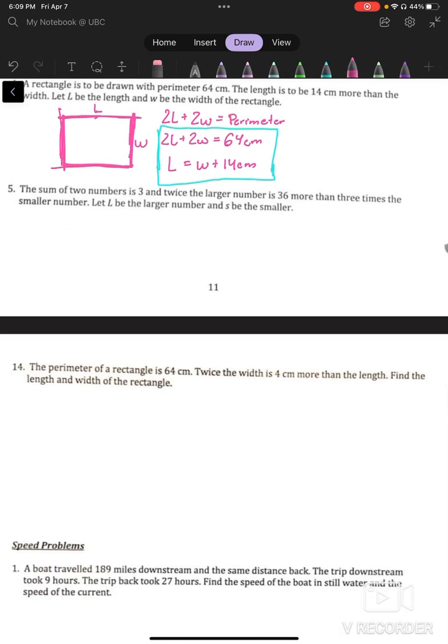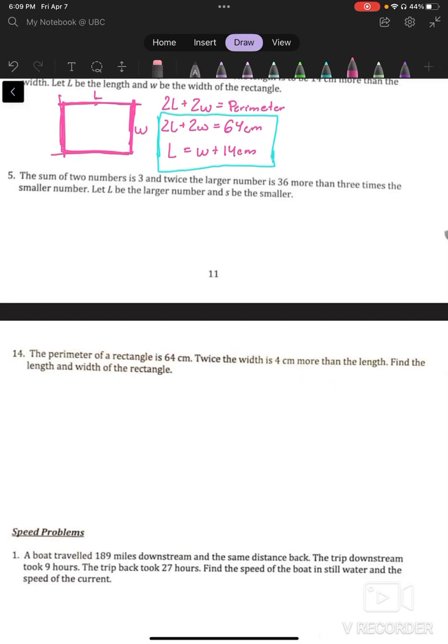The sum of two numbers is 3, and twice the larger number is 36 more than 3 times the smaller number. So the sum of two numbers is 3. So L plus S equals 3. And twice the larger number is 36 more than 3 times the smaller number.